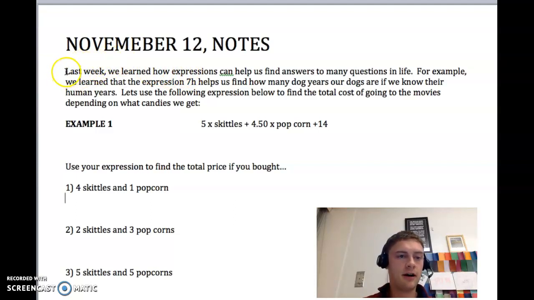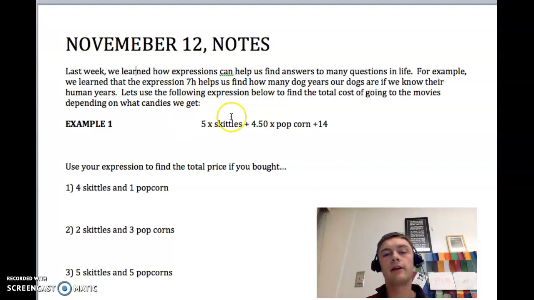Top left: last week we learned how expressions can help us find answers to many questions in life. For example, we learned that the expression 7h, or 7 times h, can tell you how many dog years your dog is, depending on however many human years. That's just the calculator we made.